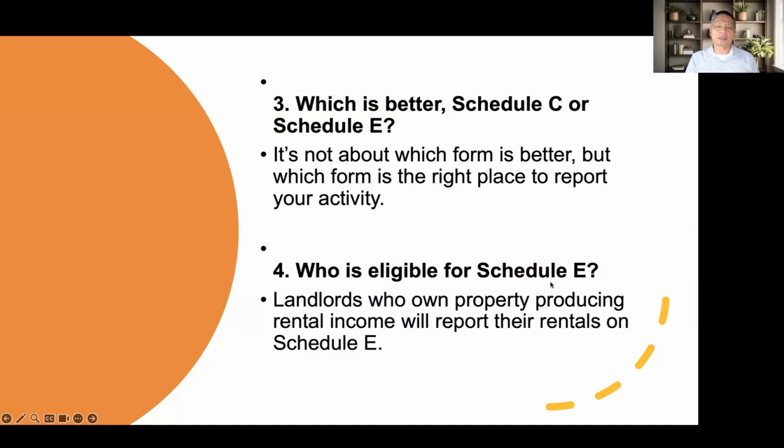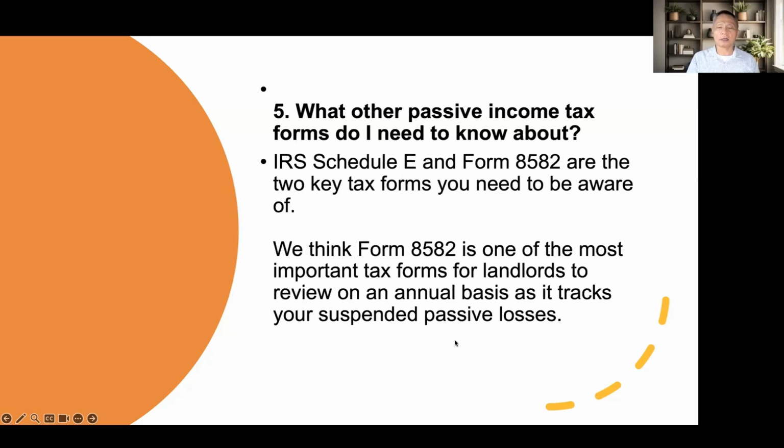So who is eligible for Schedule E? Landlords who own property producing rental income will report their rentals on Schedule E. What other passive income tax form do I need to know about? IRS Schedule E and Form 8582. Form 8582 is the second page, the second schedule. It is a sort of passive loss documentation. You have to document every year, or your tax advisor does it for you.